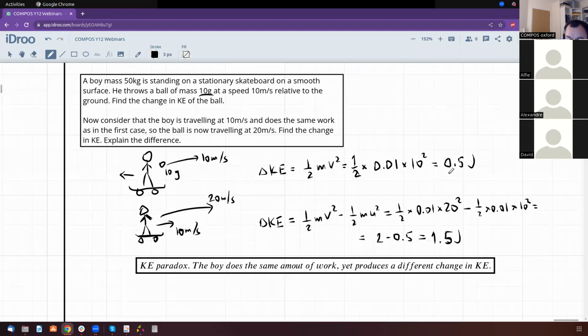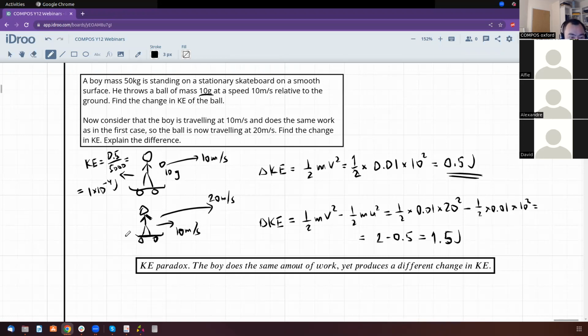Therefore, if the kinetic energy of the ball is 0.5 joules, the kinetic energy of the boy in the first case is going to be 0.5 divided by 5,000, which is like nothing. 1 times 10 to the minus 4 joules.